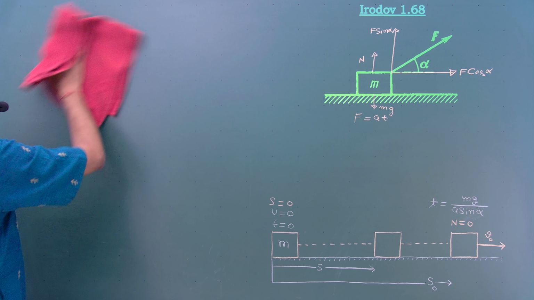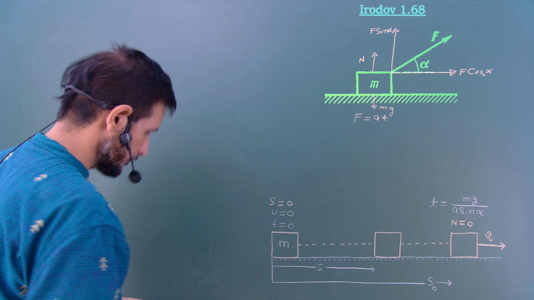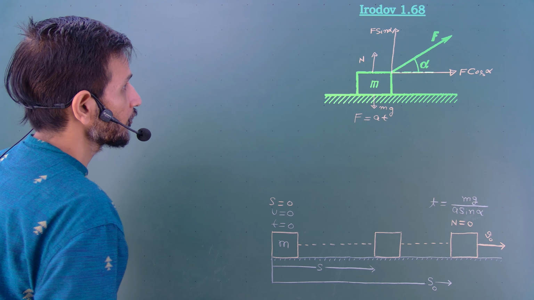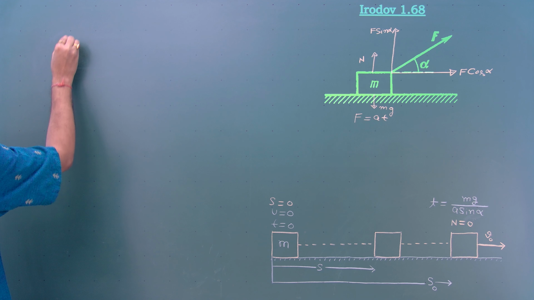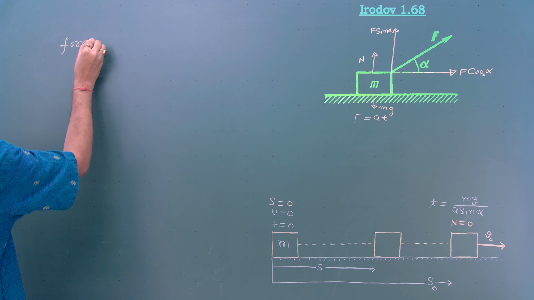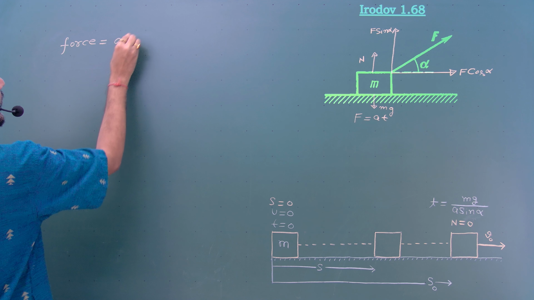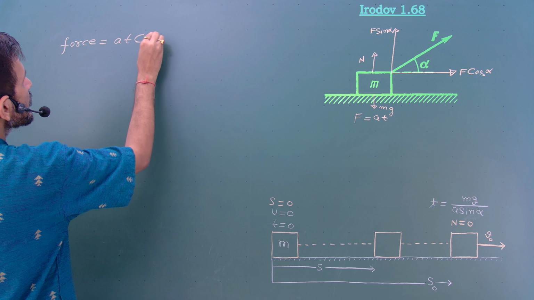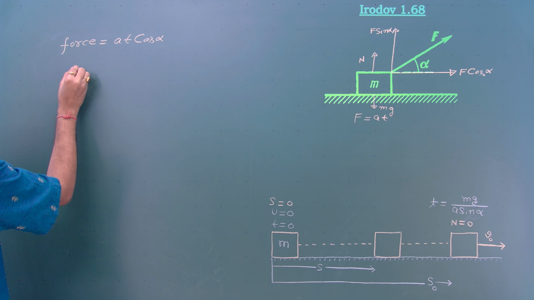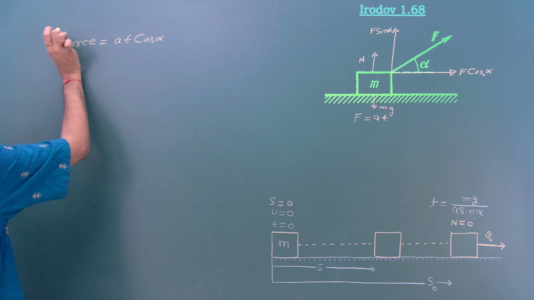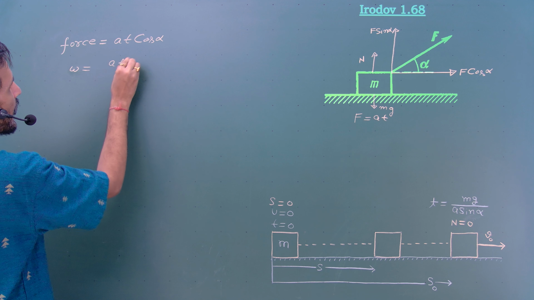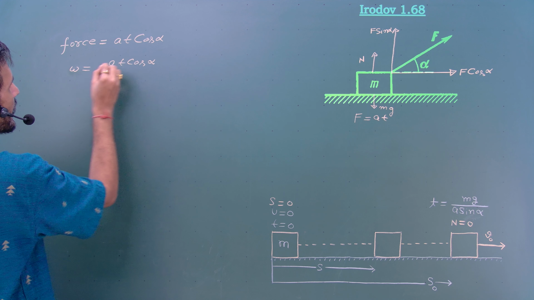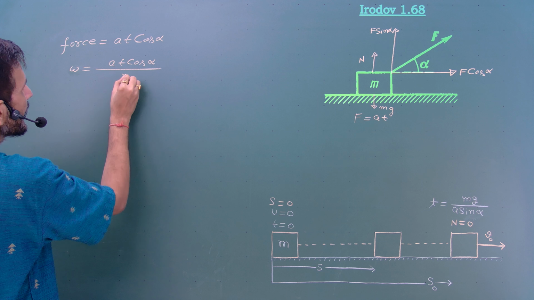For that we have to use the equation because force is variable. Force is not constant. So the total force in horizontal direction is A t cos alpha. So the acceleration in horizontal direction, acceleration w is A t cos alpha divided by mass m.